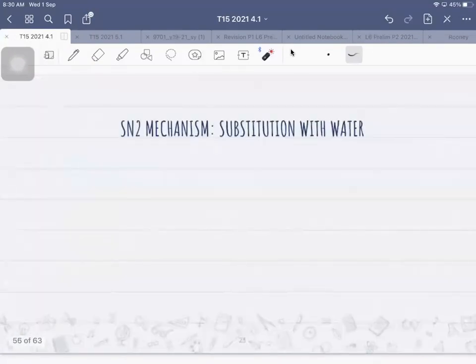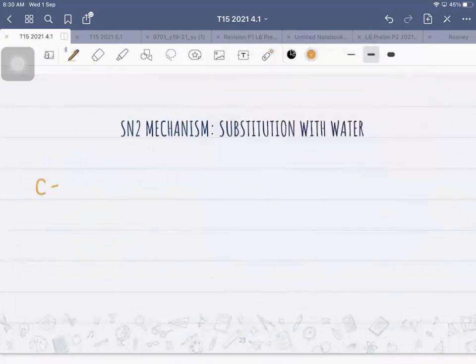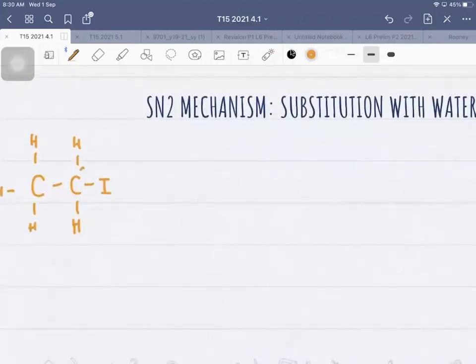So the SN2 mechanism usually is for primary halogenoalkanes. So I'm just going to use a simple primary halogenoalkane, which is iodoethane. So don't forget your details. The carbon-halogen bond, the C-X bond, is always polar.